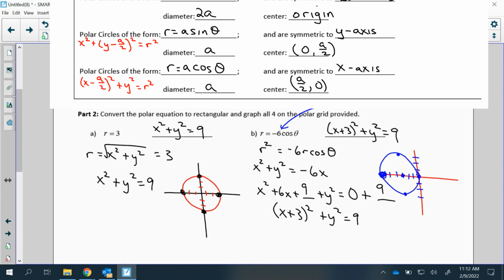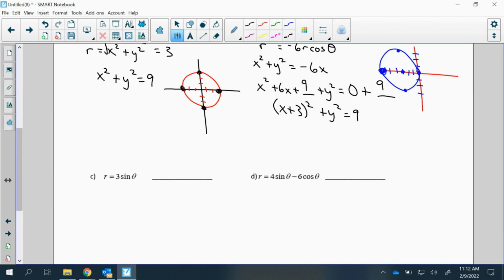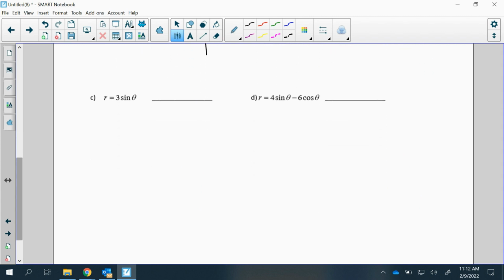Just be aware that this is the diameter that you see multiplied in front. So a represents the diameter, and the negative means that it goes on the left.